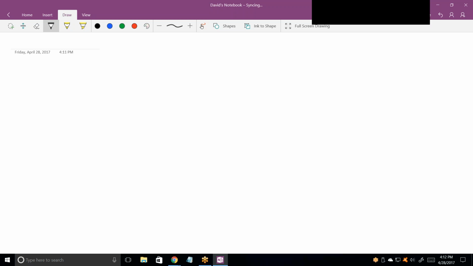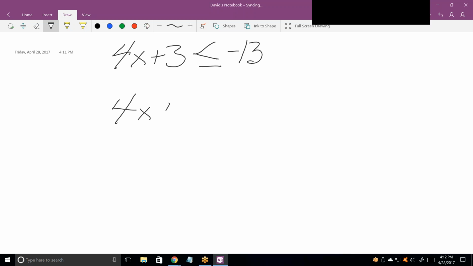So 4x plus 3 is less than or equal to negative 13, or 4x plus 1 is greater than 13.